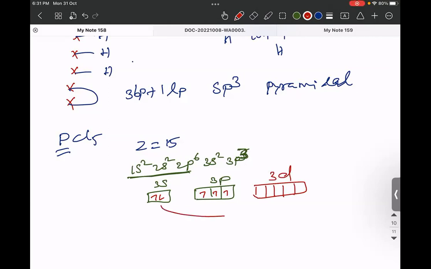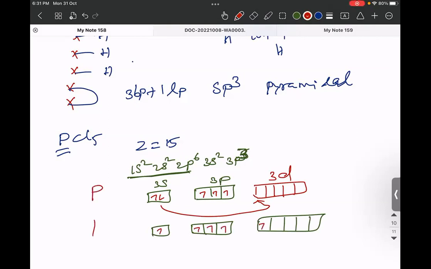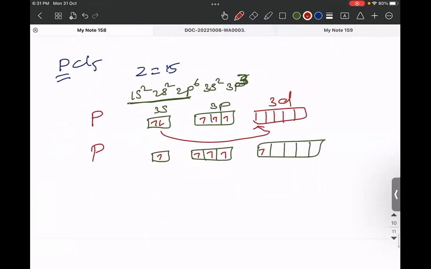One of these electrons gets excited to the d orbital. Now you fill the electrons 1, 2, 3, 4, 5. This is the ground state, this is the excited state.